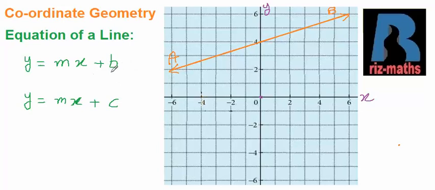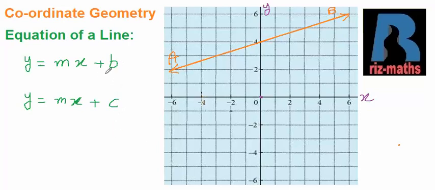American published books use the symbol b, and British published books use the symbol c. In the British system we write y = mx + c, and in the American system we write y = mx + b. Both mean the same.